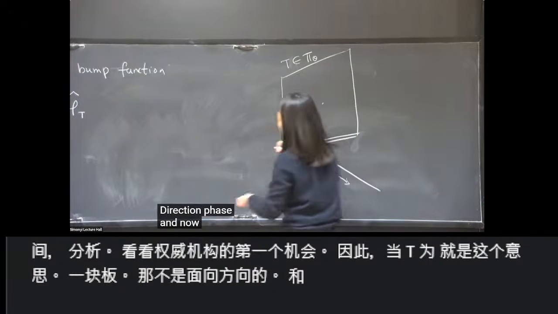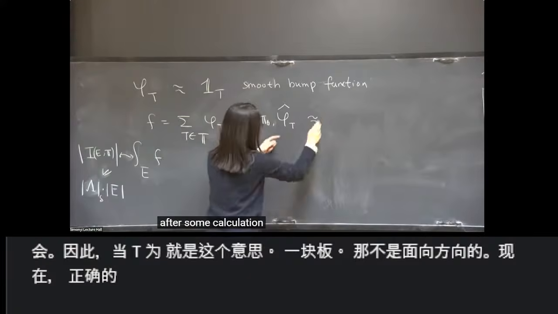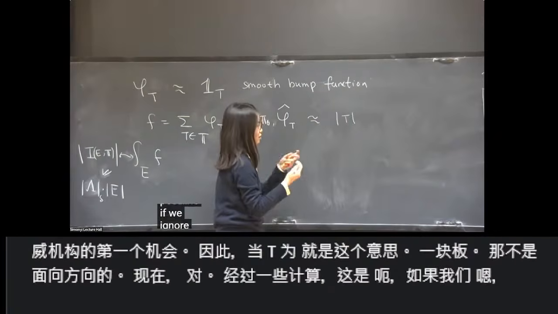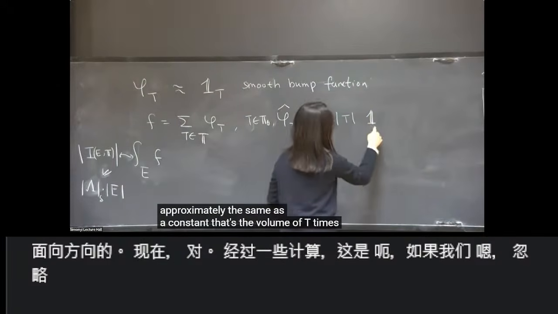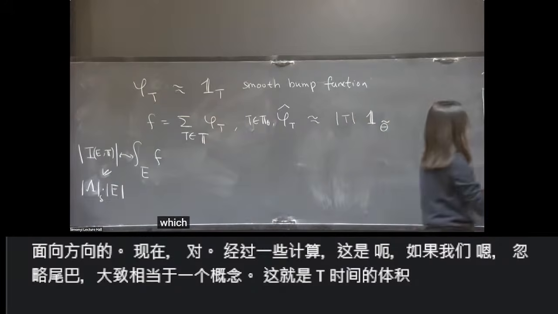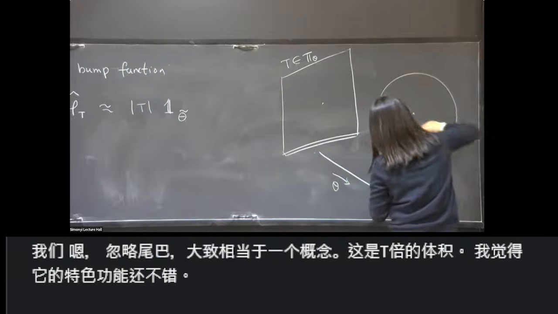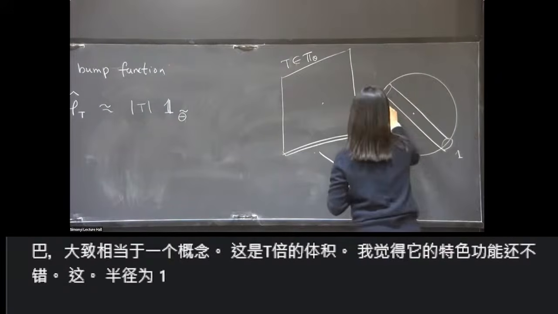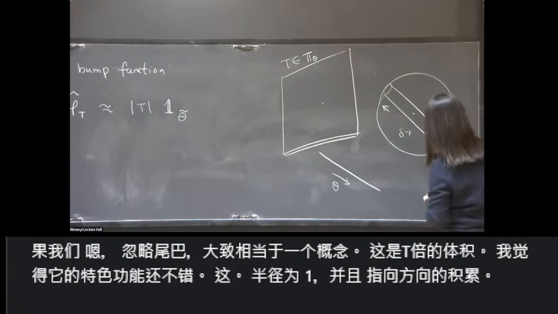And now after some calculation, if we ignore the tails, this is approximately the same as a constant, the volume of t, times the characteristic function of theta delta, which is the tube that has radius 1 and length delta to the -1, pointing in direction theta.